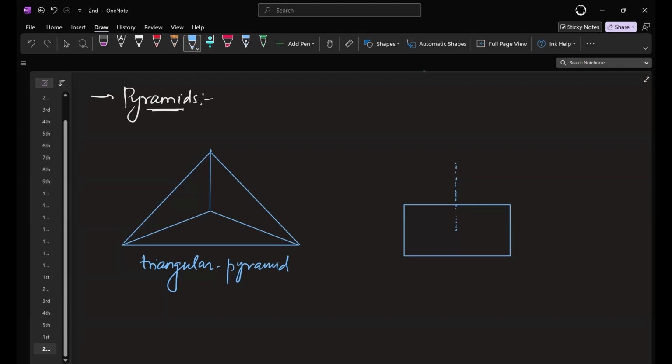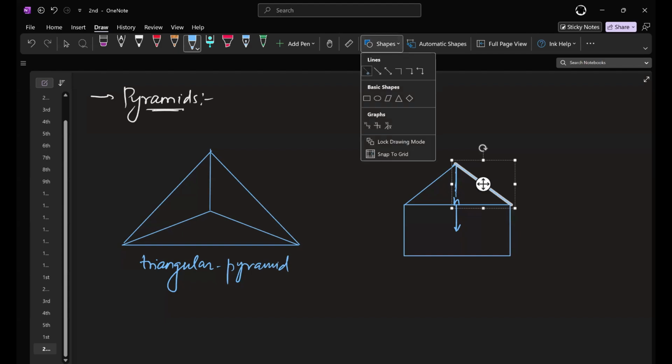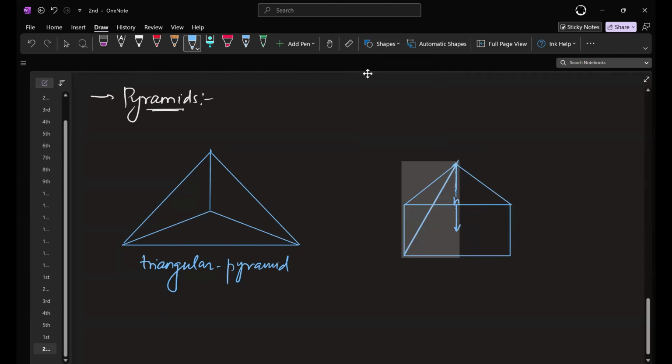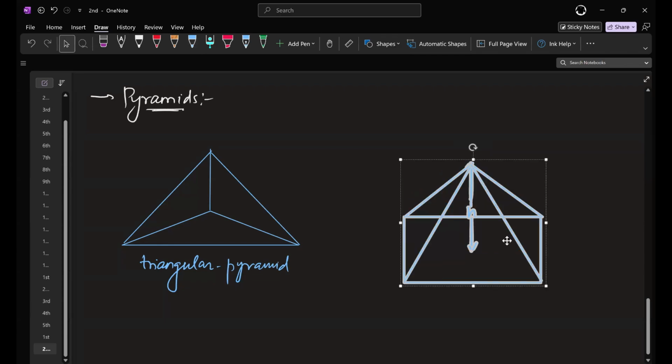This is height h. So now, are you able to see that the base is a square?